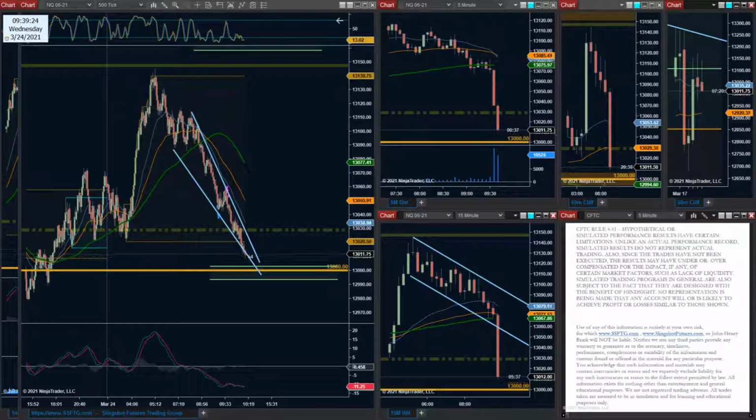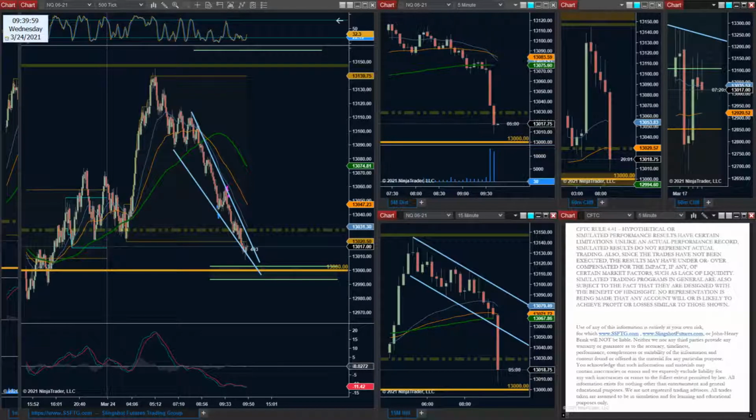Getting closer on the NASDAQ. 13,000s. That's the zone of interest to see if they can dive down there. Bitcoin attempted to break through the highs, tapped 57,100 and backed straight off of the top. They're getting close.